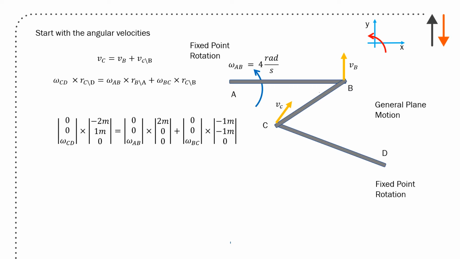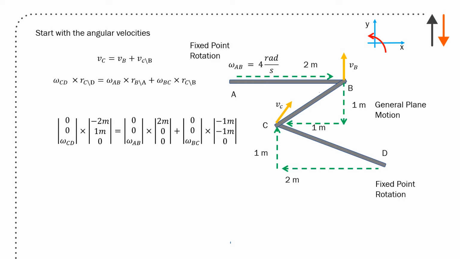So if I put in my terms, omega CD cross with minus 2, 1 meter. So from D, minus 2 plus 1. Omega AB is plus 2 meters, and omega BC is minus 1, minus 1. This is against the coordinate system I've defined at the top.